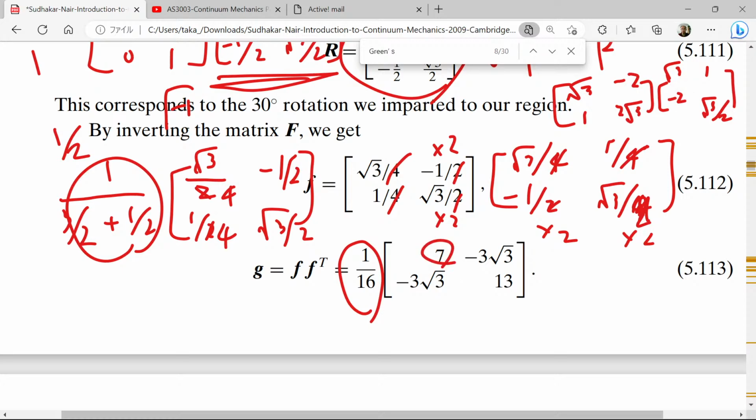Okay, you have 7 here. Then you have 1. This is strange.